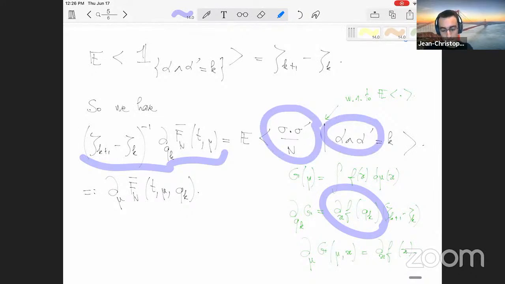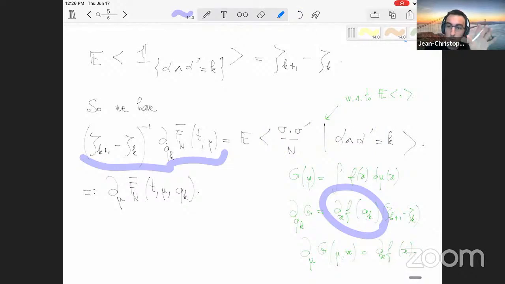And in order to close the equation, instead of needing the sigma overlap to be concentrated with small fluctuations, it will be enough if the conditional law of the sigma overlap given the alpha overlap is small.